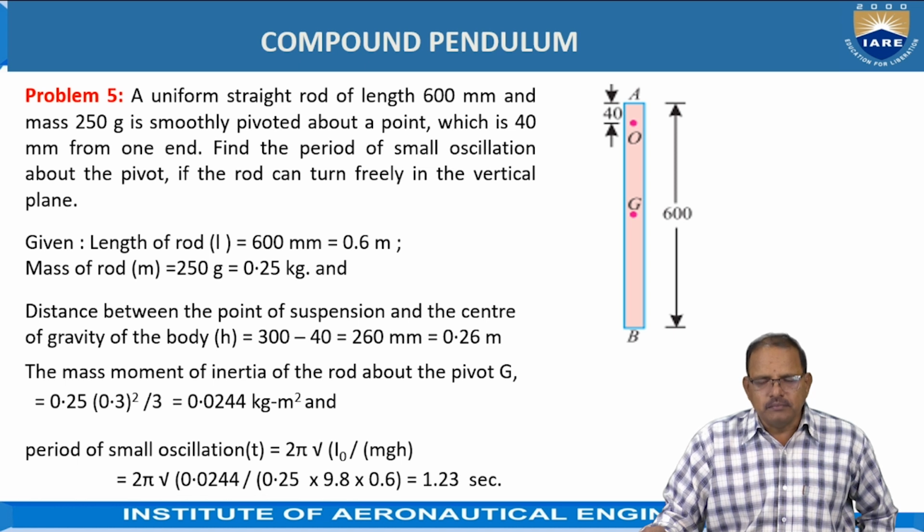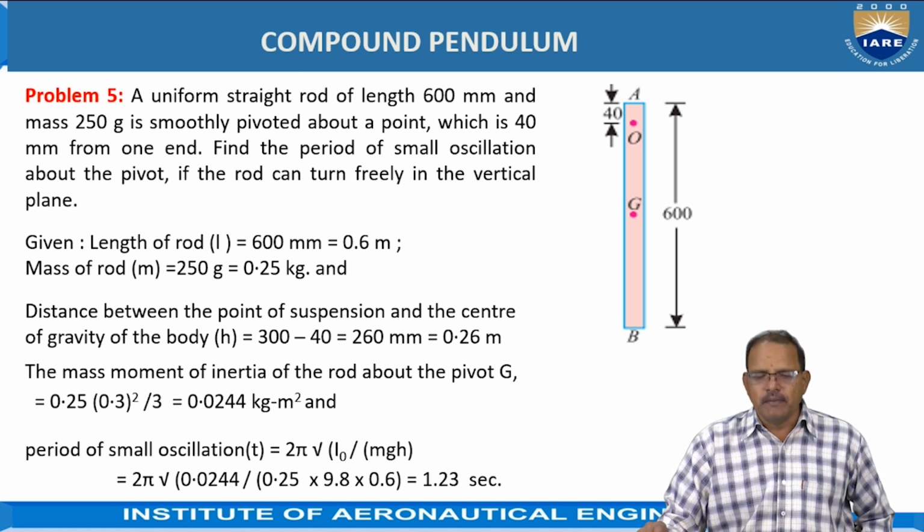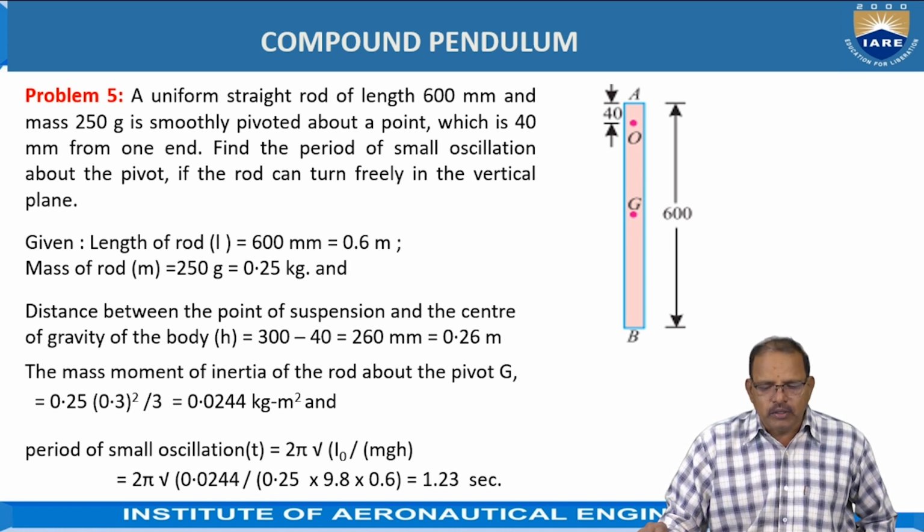Now, compound pendulum. A uniform straight rod of length 600 mm and mass 250 grams is smoothly pivoted about a point which is 40 mm from one end. Find the period of small oscillations about the pivot if the rod can turn freely in a vertical plane.